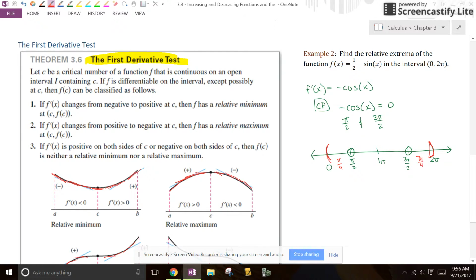All right, let's test those. If you were to test pi over 4 and tell me the cosine, you would get root 2 over 2. And since pi over 4 is in quadrant 1, all the trigs are positive, so you're good. All right, let's take pi.